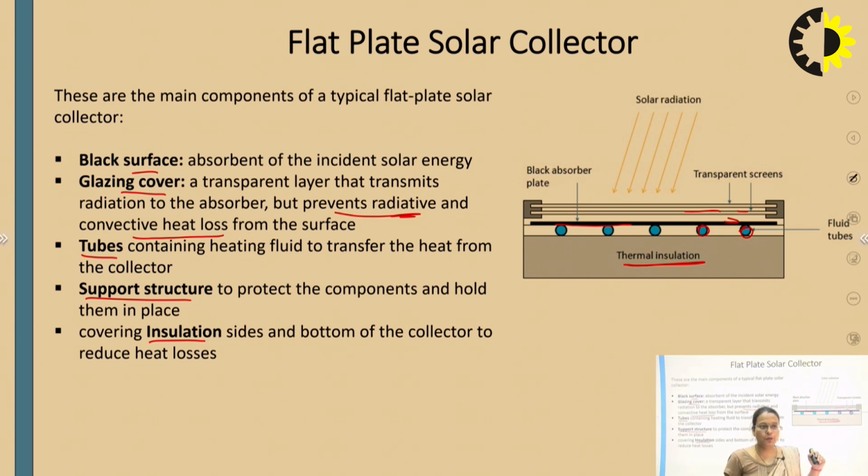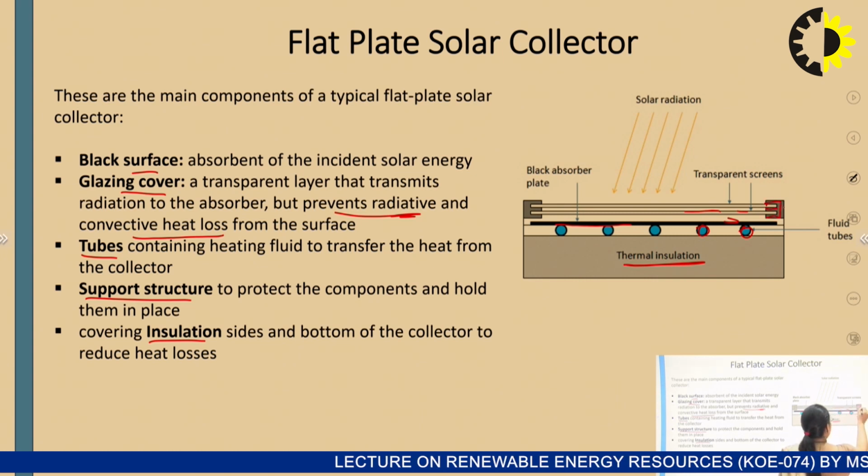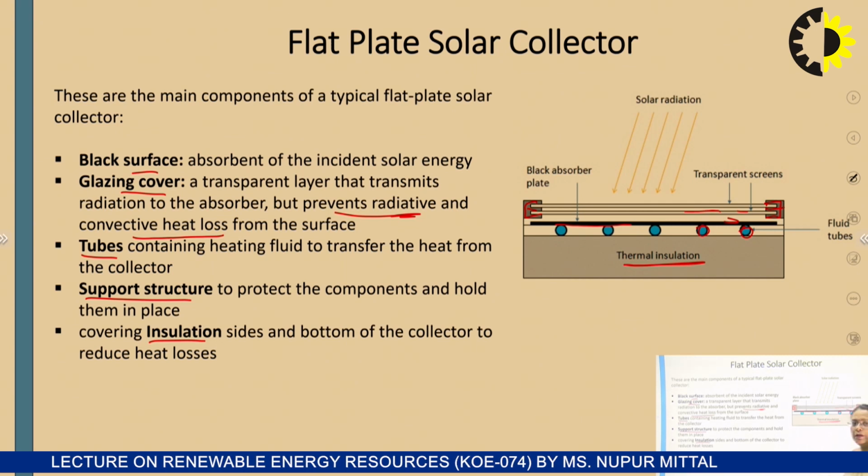Then these tubes contain the heating fluid and transfer the heat from the collector. The supporting structure is used to protect the components and hold them in place. It also contains the insulation at the bottom and the sides as well. You can see here this is the thermal insulation at the side and the bottom so as to reduce the heat losses.